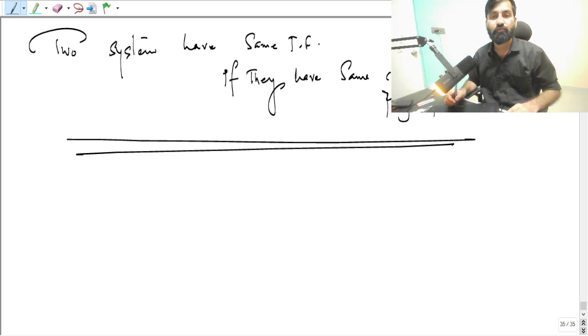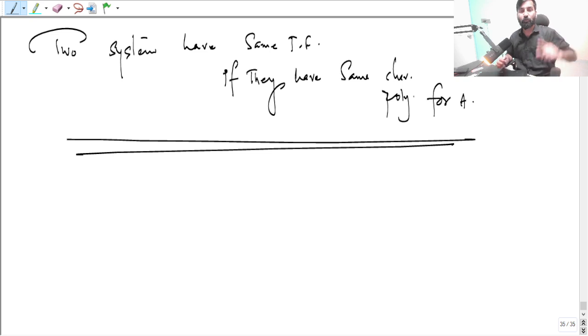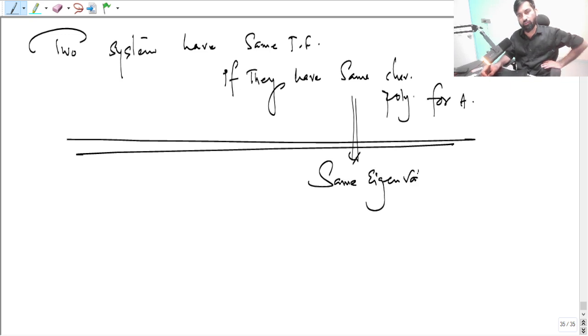Same characteristic polynomial means same eigenvalues of A.